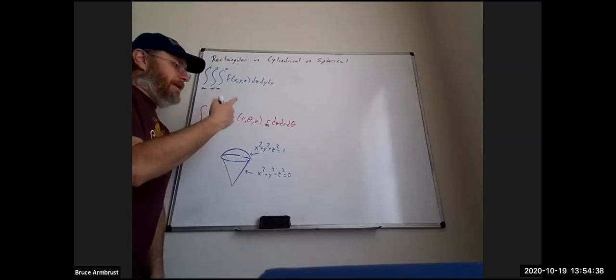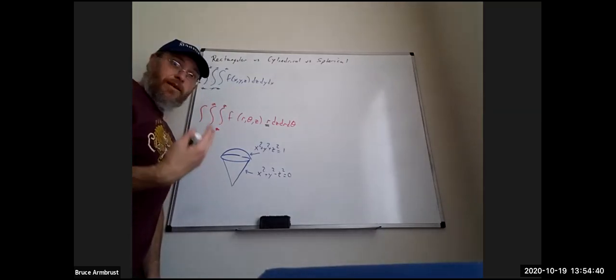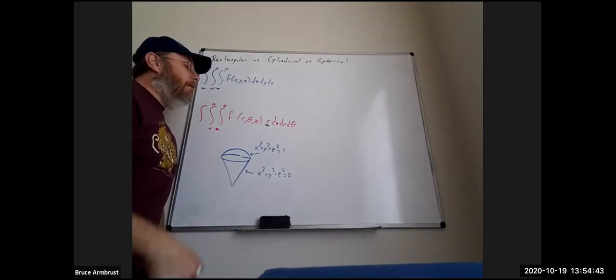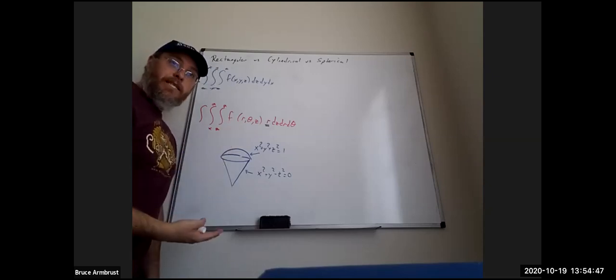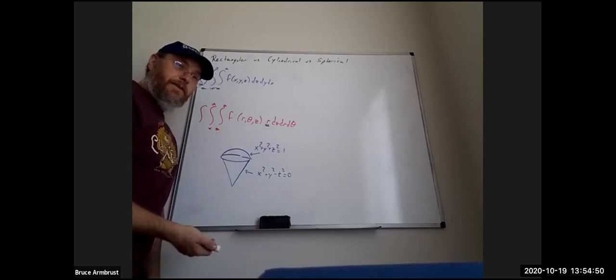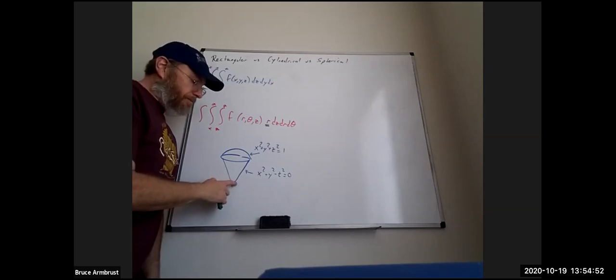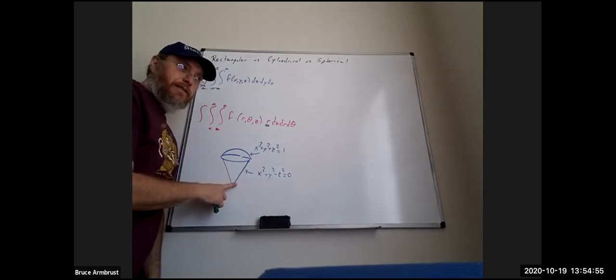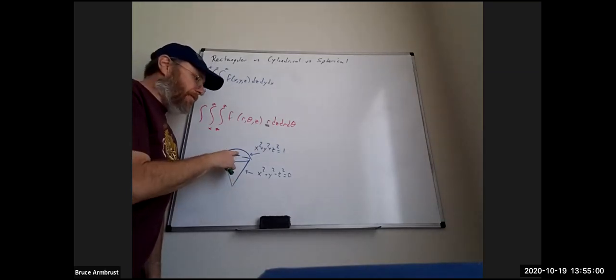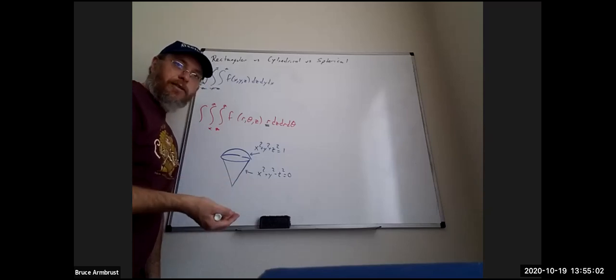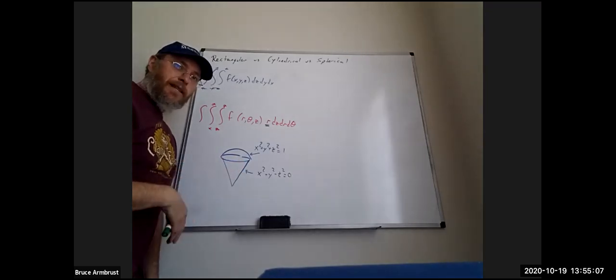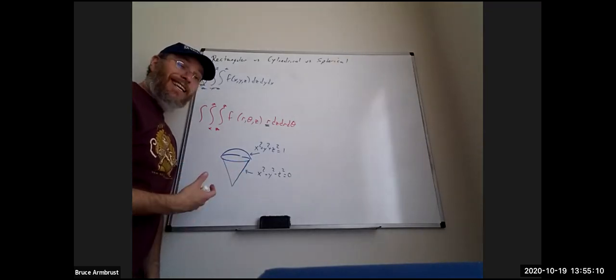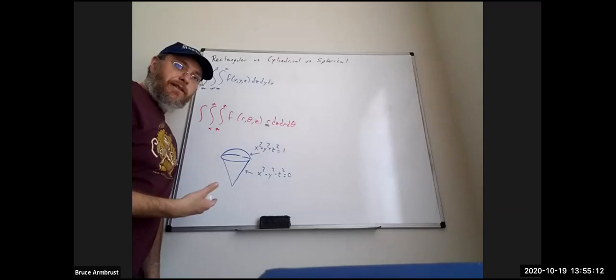We set it up in rectangular and saw that it was horrible. It was rough. We then set it up in cylindrical, and it was much easier because these surfaces got a lot nicer. The bottom surface, the cone, was just z equals r. And the upper surface was the square root of 1 minus r squared, which wasn't terrible. So we were able to set that up pretty easily in cylindrical.